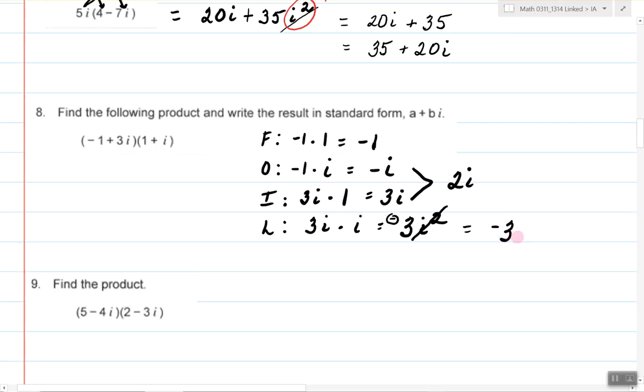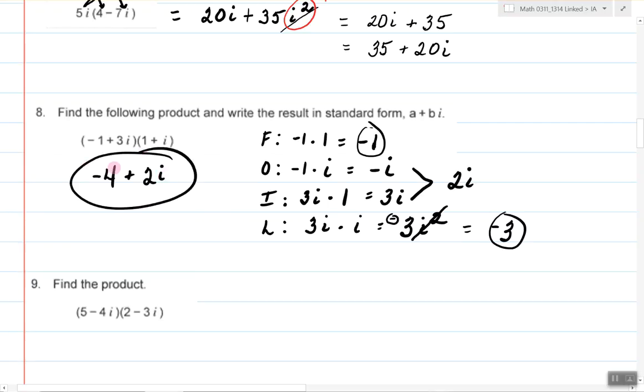Every time you have an i squared, the i squared is going to disappear, and it's going to change the sign of the factor that remains. I have two real numbers to combine for negative 4. I had negative 1, negative 3 for negative 4, plus the imaginary part, 2i. There's my answer.